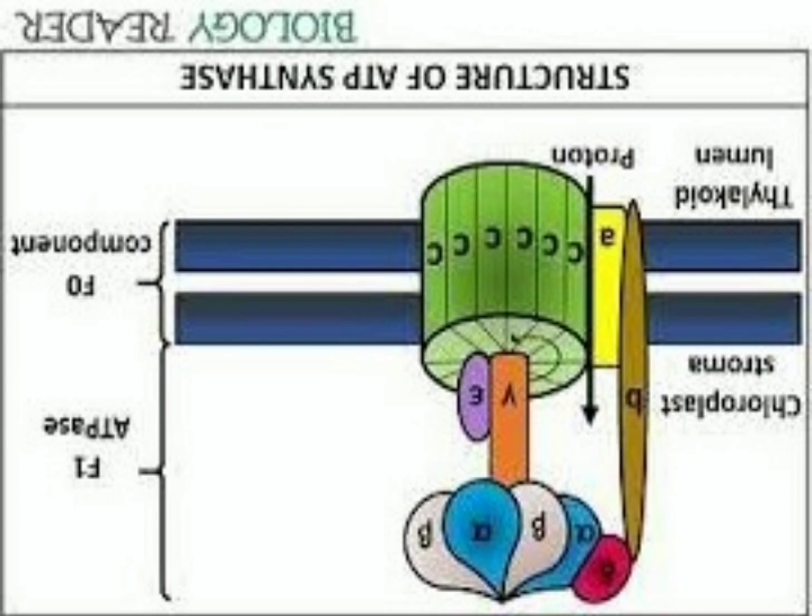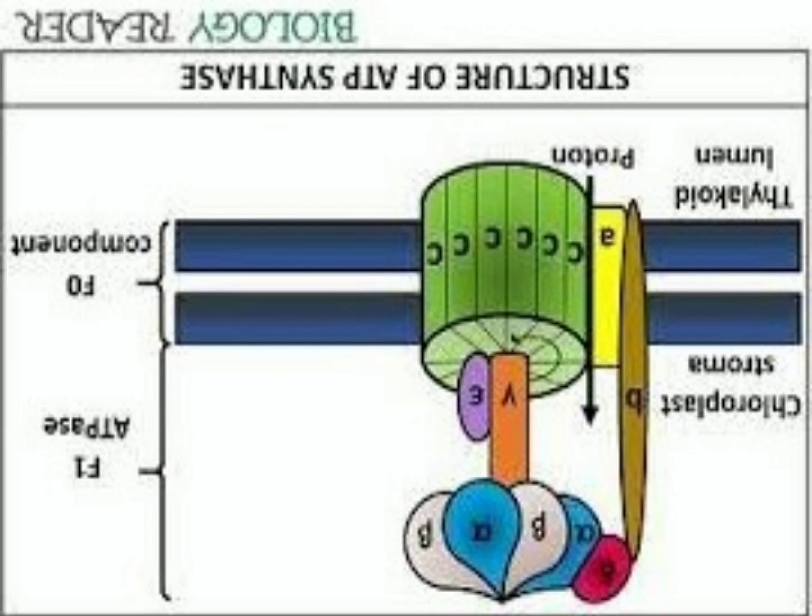So basically, ATP synthase has two main subunits, one is the FO subunit and the other one is the F1 subunit. In the FO subunit, you can see in the diagram there are 10 carbon subunits.